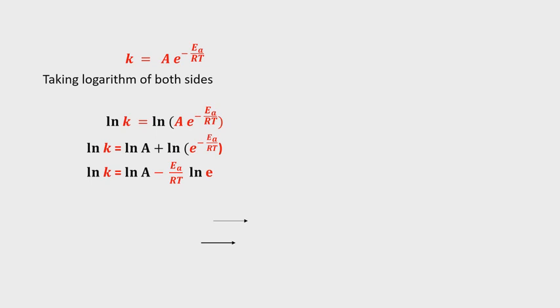Again I have applied a formula: ln A power m equal to m ln A, otherwise log A power m equal to m log A. Whatever the power is, it comes in front. And ln e, with base e, has value 1, like log 10 has value 1. So just neglect this term, then you will get ln k equal to ln A minus Ea by RT.